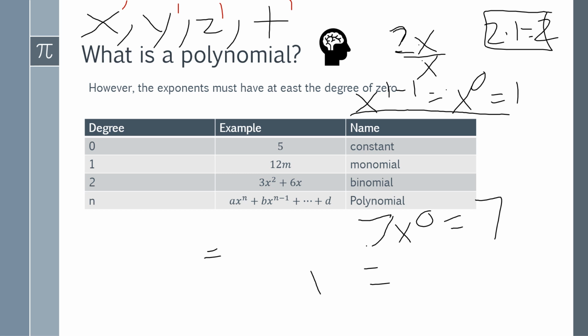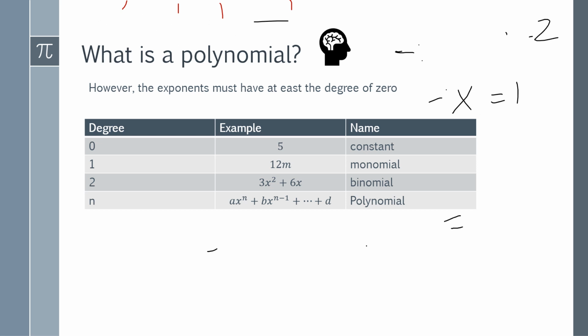Now, if we look at the exponent of 2, that's a binomial. But throughout the school year, we have to pay close attention to that binomial with the exponent of 2, because there's going to be a specific name for a function or an expression with the exponent of 2.